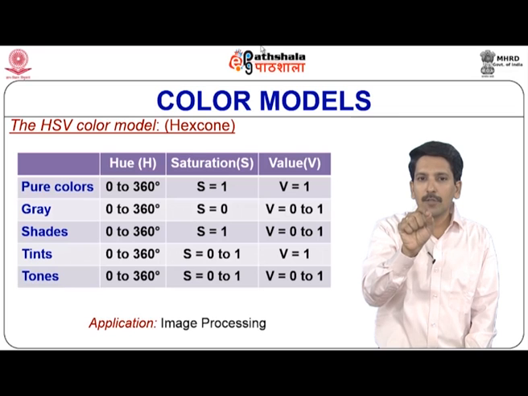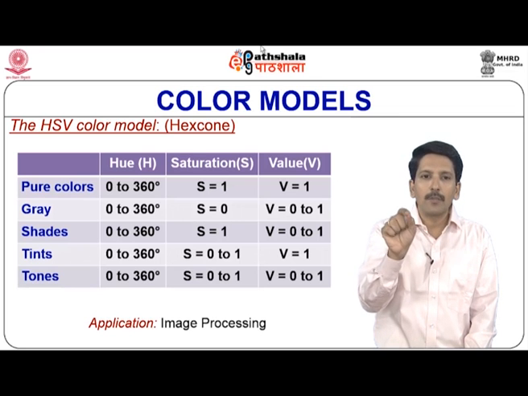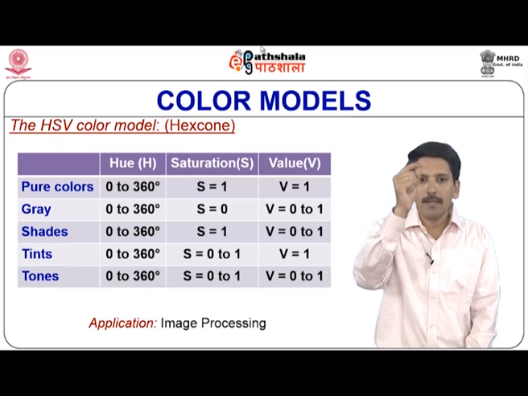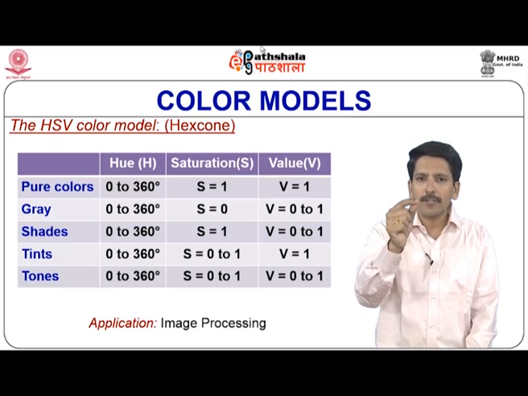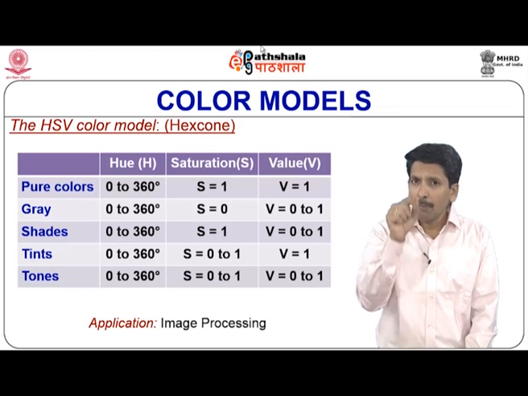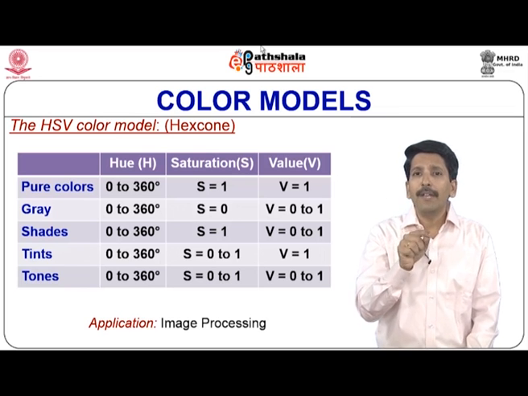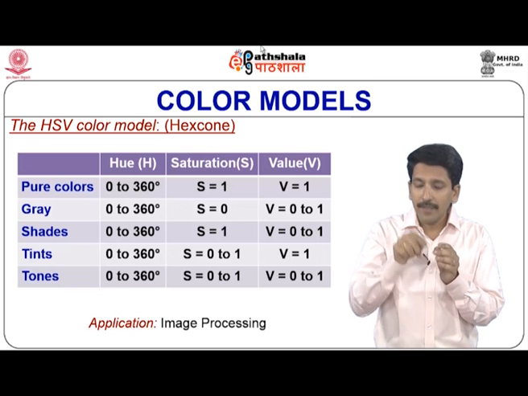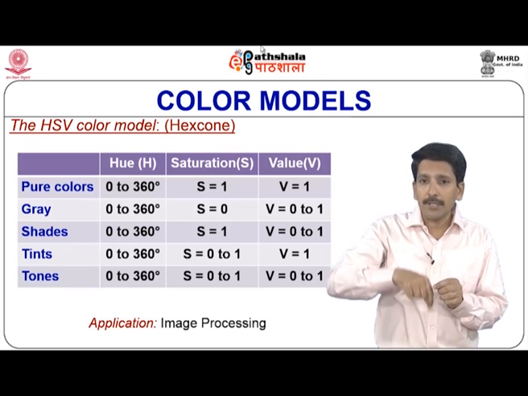So H is 0 to 360, S is 1, V is 1 for pure colors. Gray, the central line from black to white: 0 to 360 is H, S is 0 because at the center S is 0, and V varies from bottom to top, 0 to 1.